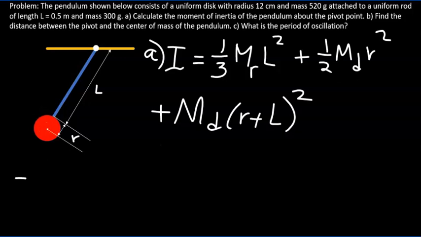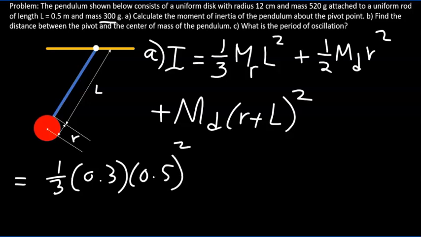Now let's put in the numbers. 1 over 3, the mass of the rod is 300 grams, so 0.3 kg that is. L is 0.5 squared, plus half the mass of that disc is 520 grams, so 0.52 kg.